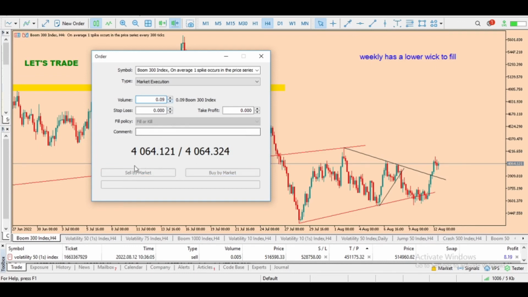If I go below, you see that the icon here has disappeared. If I make it 0.1, you can see that it has reappeared.